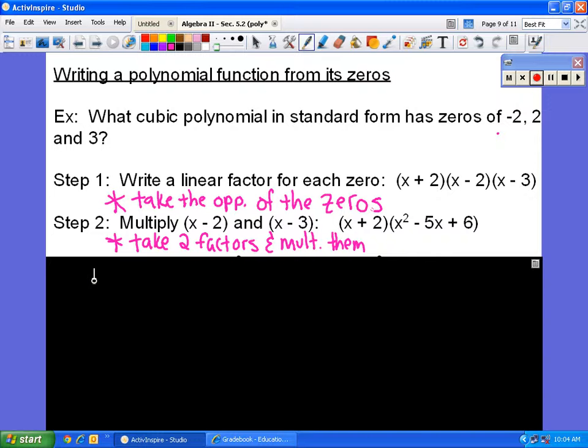Does anybody see? If this is my answer, anybody recognize this from chapter 4? If I were to multiply these two together, I would get x squared minus 4, because this is the difference of two squares.